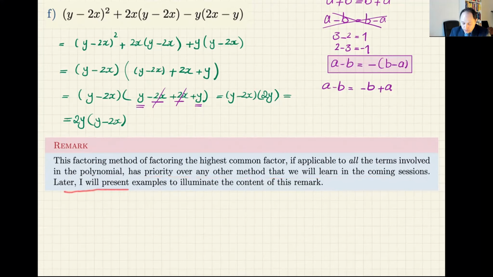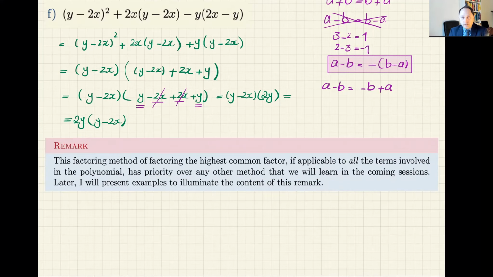Later, I will present examples to illuminate the content of this remark.